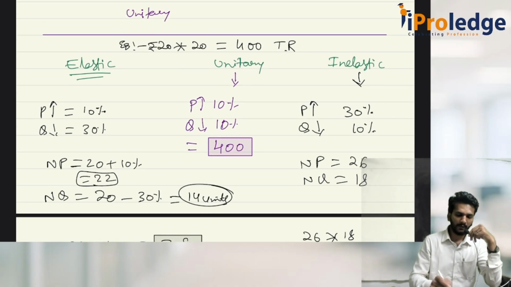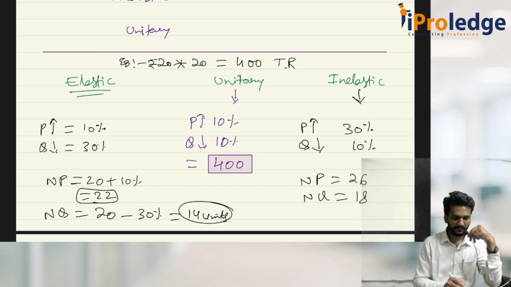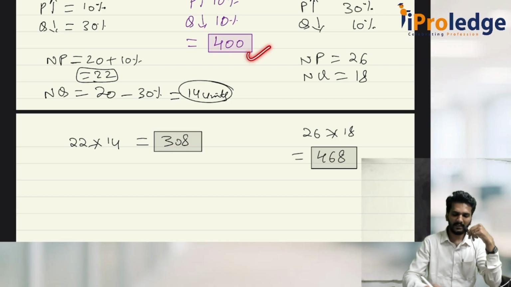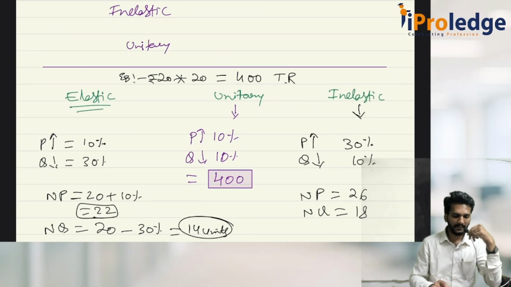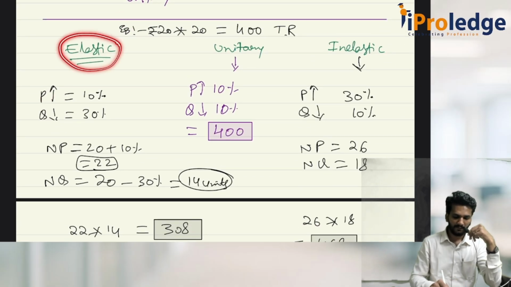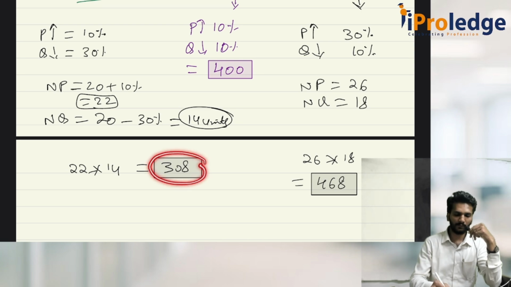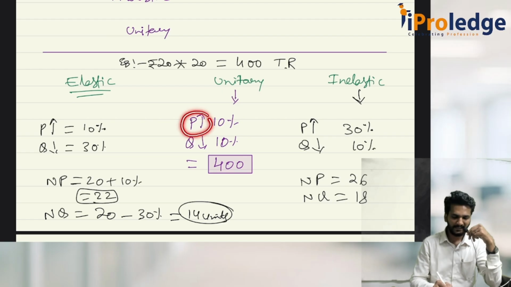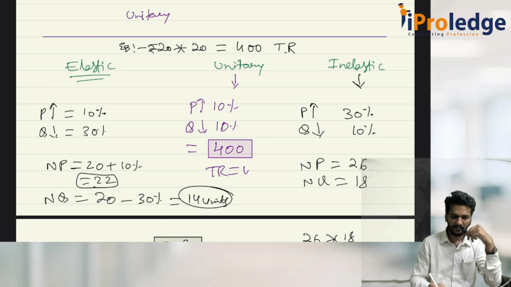Now, whenever there is an increase in price, under elastic, unitary elastic or inelastic type of demand, the total revenue responded in three different ways. When the price increased because of elastic demand, the total revenue has come down. 400 has become 308. The total revenue has responded in the opposite manner. Here, even though the price increased, under unitary elastic, the total revenue is still remaining at 400.